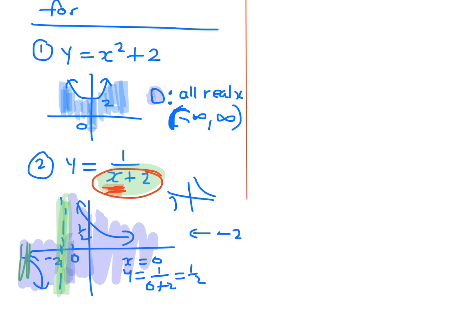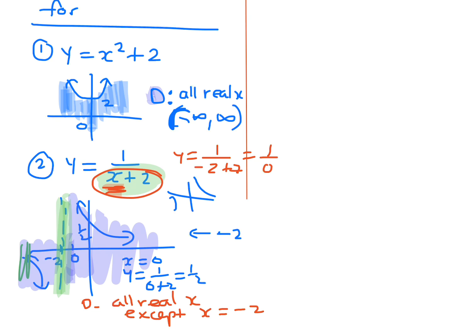But if you put in minus 2, you're going to get minus 2 plus 2, which is 1 over 0, which is undefined for the y value. So therefore, it's all real x, except x equals minus 2.